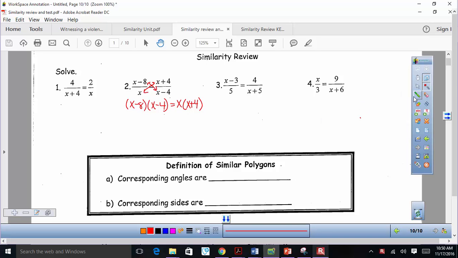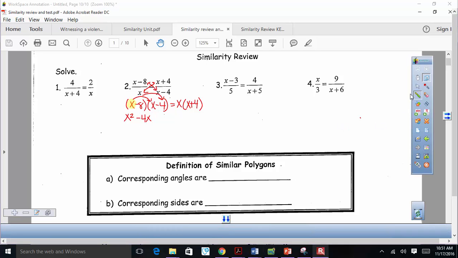Okay, so now on this one we have two things multiplied by two things. So what we're going to do is distribute one of the things in the first parentheses to both things in the second. So x times x gives me x squared. x times a negative 4 gives me a negative 4x.